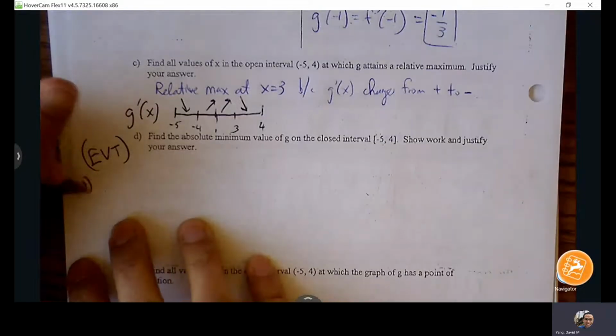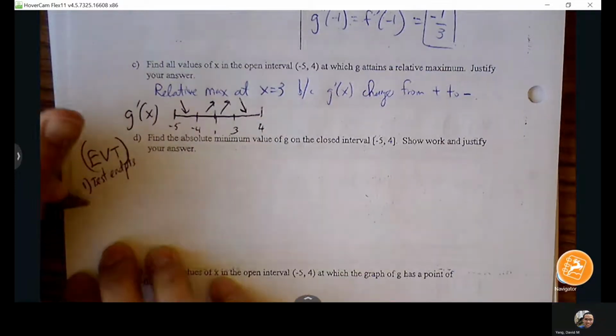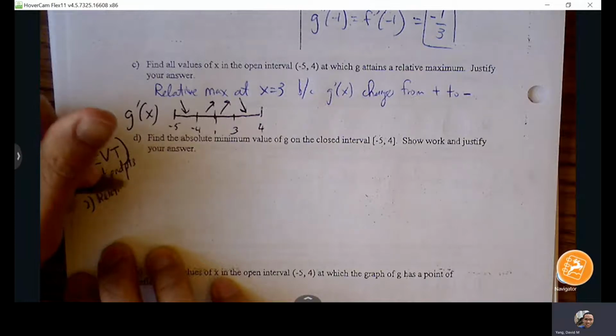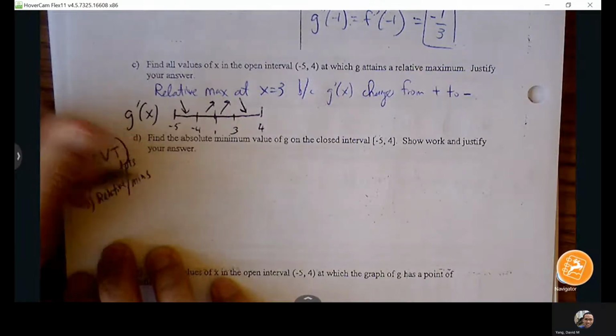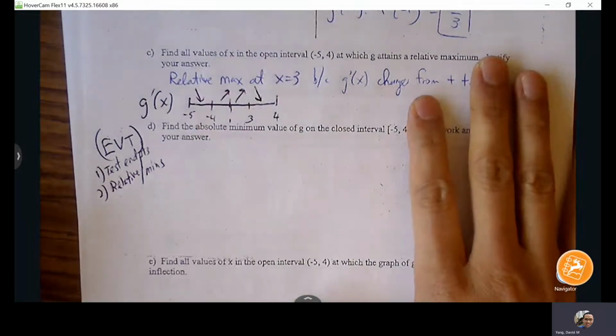Okay, so EVT, that means you're going to test endpoints, and you're going to test relative max and mins. Okay, so those are the only places that you can ever have an absolute max or absolute min, right?